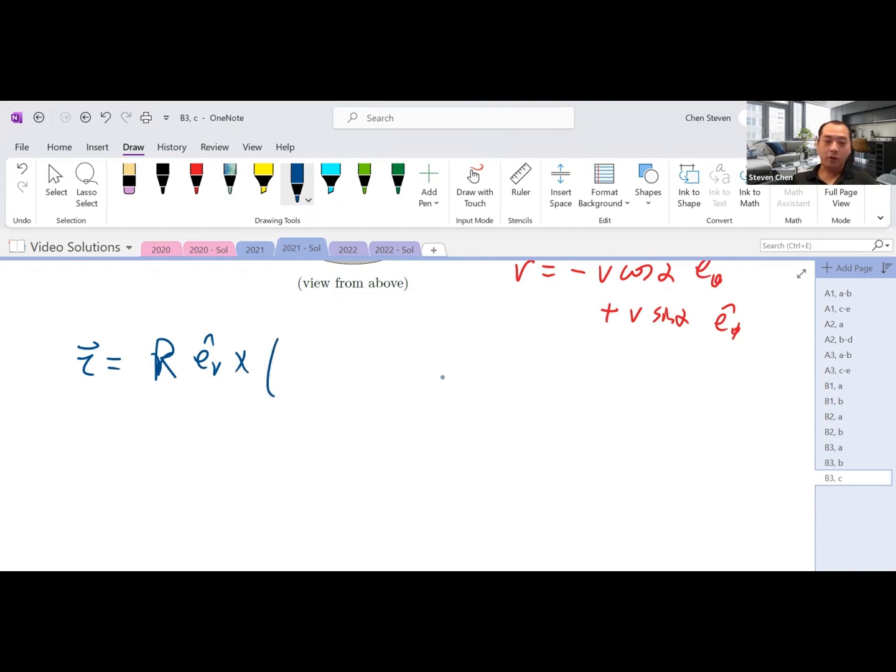One is the gravitational force. Another one is the tension. Another one is the normal force. We have three forces. The gravitational force is in the negative z direction. What about the tension?